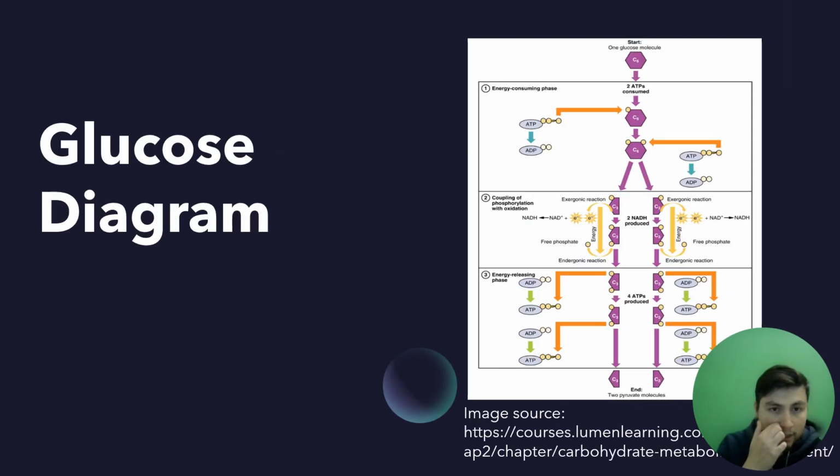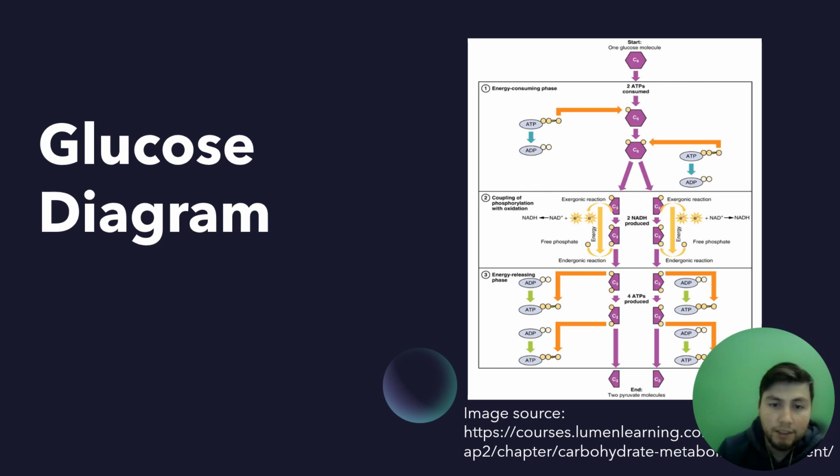We're gonna go ahead and talk about the different pathways of ATP. We're gonna start with the glucose diagram, otherwise known as glycolysis. So during glycolysis, glucose ultimately breaks down into pyruvate and energy.